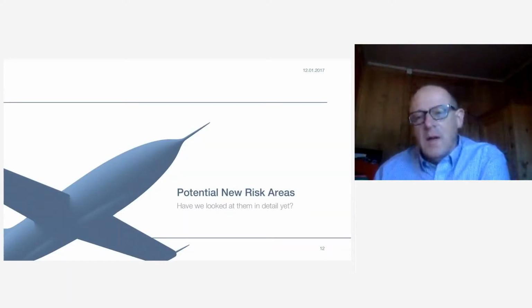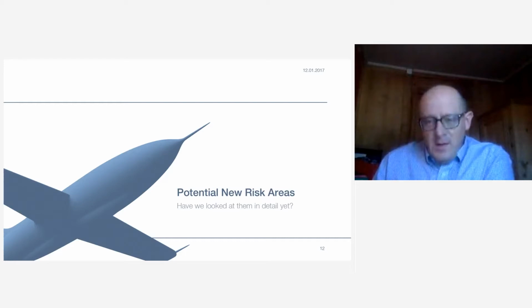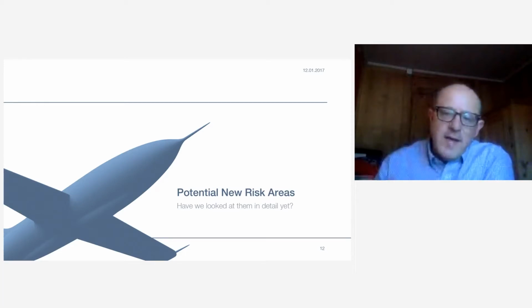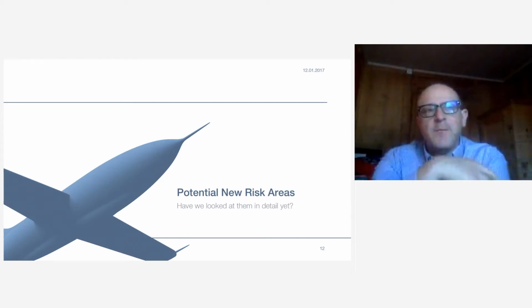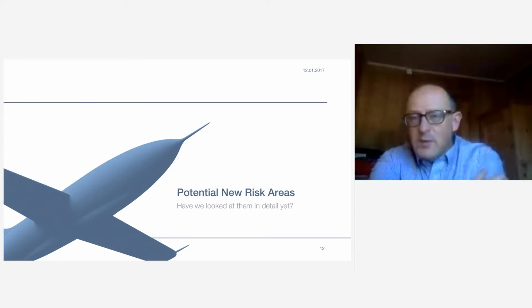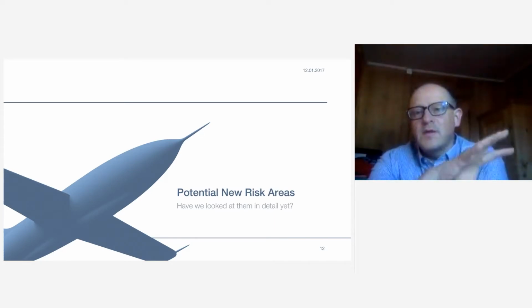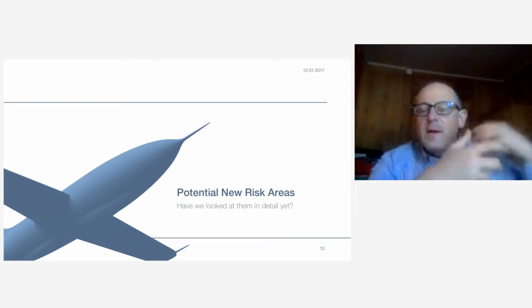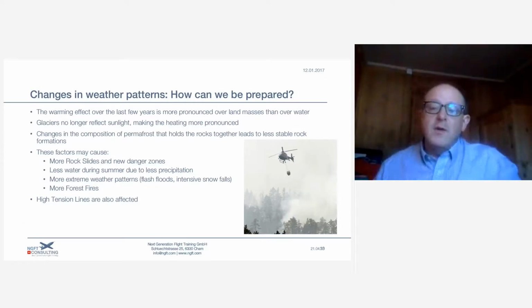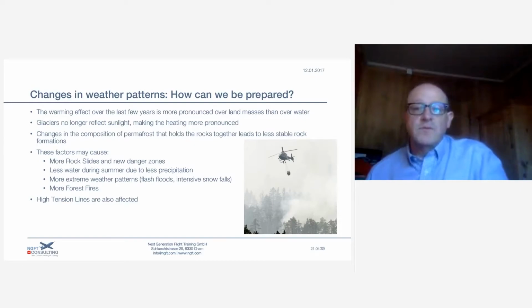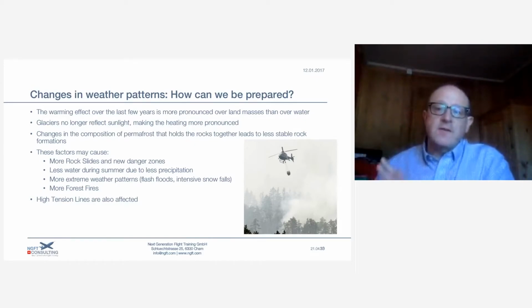Now, one thing that I try to point out is, where should we look for risk? We have the system helicopter, one thing, but we also have new risk areas that we might not have thought about. And when we look at some of the big drivers that will happen, for example, changes in weather patterns, okay?